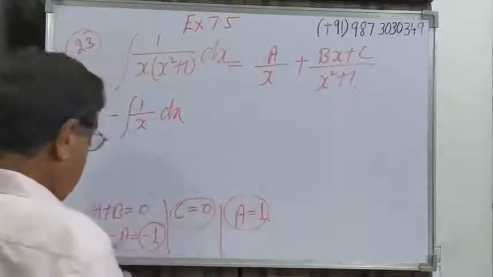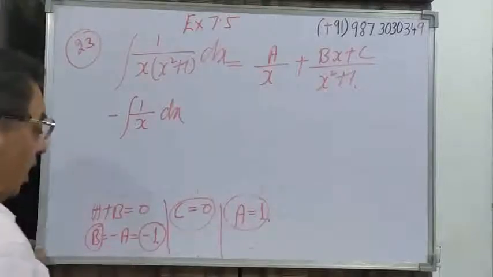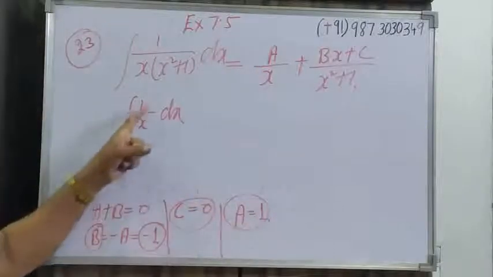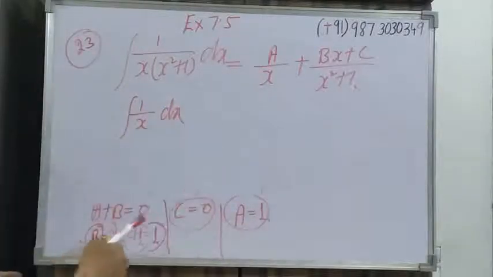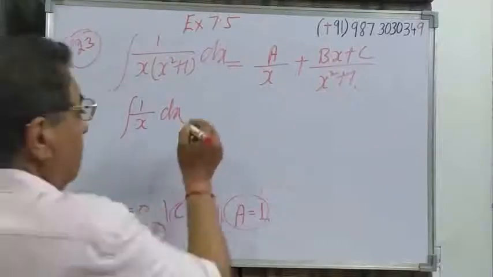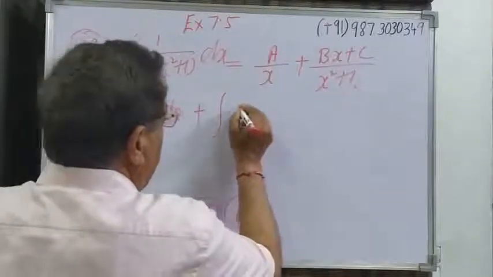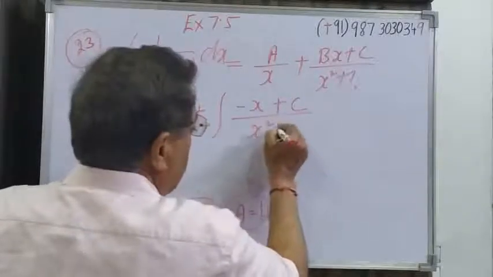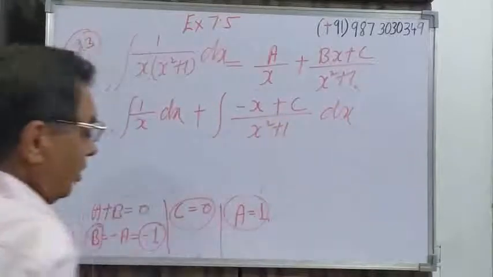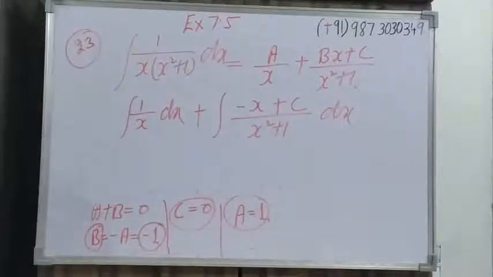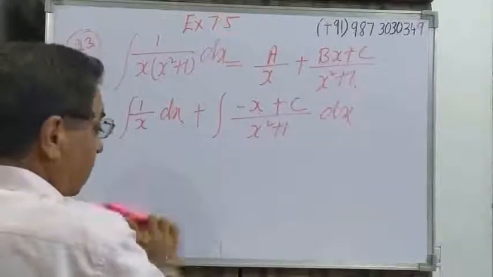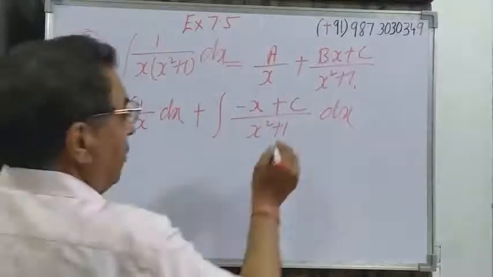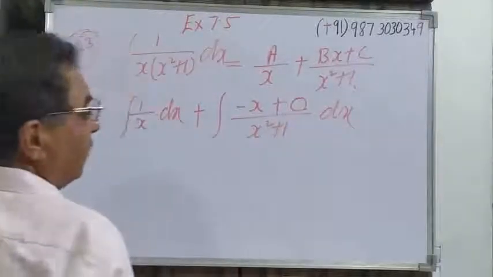For a, which should be positive 1, it becomes 1 by x, and our b is equal to minus 1. So that is integration of minus x plus 0 upon x square plus 1 dx. So these are the values after putting them in the given question; the question has been resolved into partial fractions. So the value of c is equal to 0.